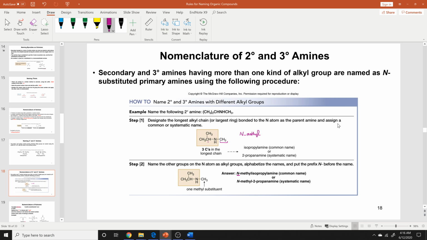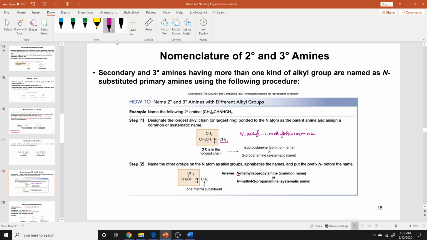This is going to be carbon number 1 of this longest R chain, and it has a methyl on it. So it's going to be 1-methyl, and it's going to be ethane. Drop the E, and the ending is amine.